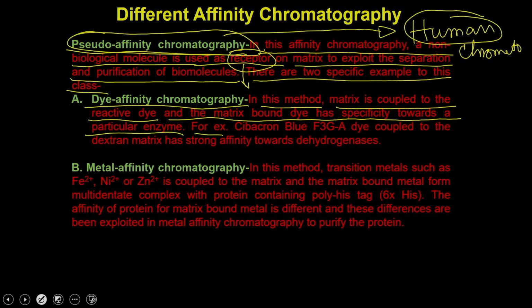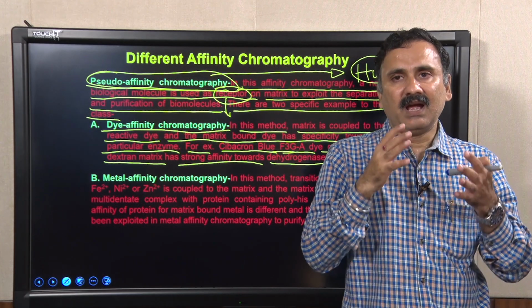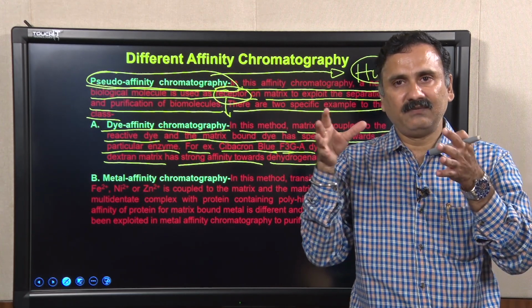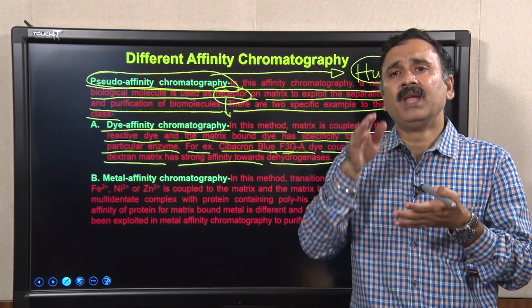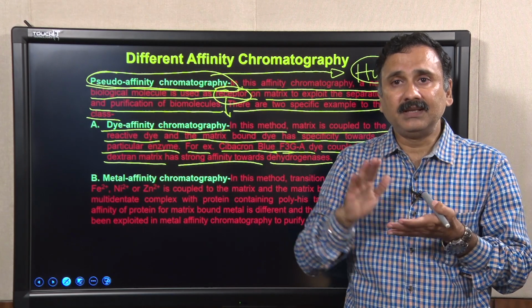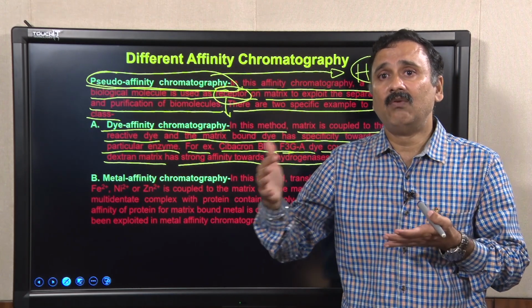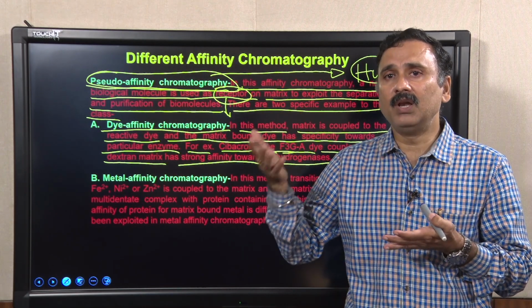For example, you can use the Cibacron blue F3GA dye, and if you couple it to the dextran matrix, it has a strong affinity for dehydrogenases. So, dye affinity chromatography is a chromatography where you have dye molecules or chemical molecules coupled to the matrix, and then it has an affinity for a particular class of molecules.